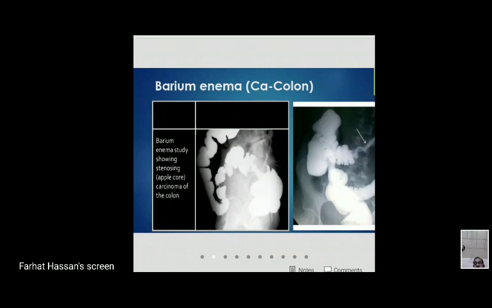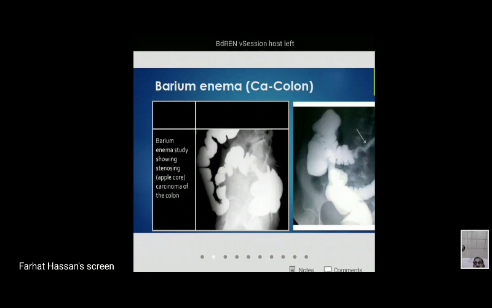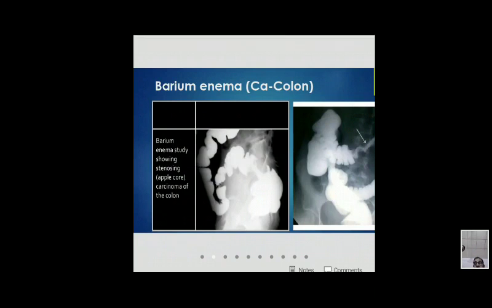So obstructing features are the most prominent in left colonic carcinoma, like constipation and abdominal distension, along with alteration of bowel habit and per-rectal bleeding. The patient may also present with a mass in the left iliac fossa.